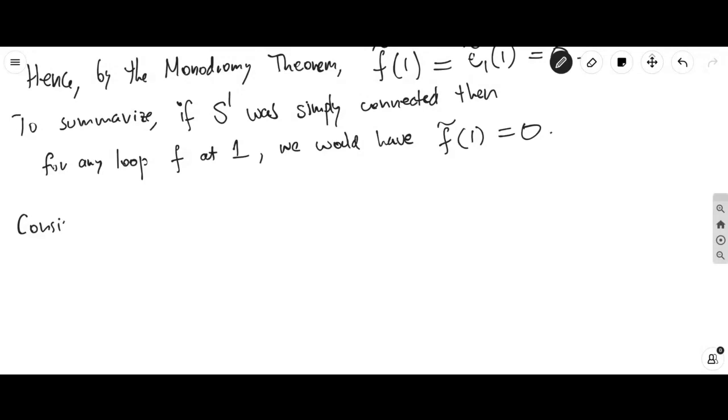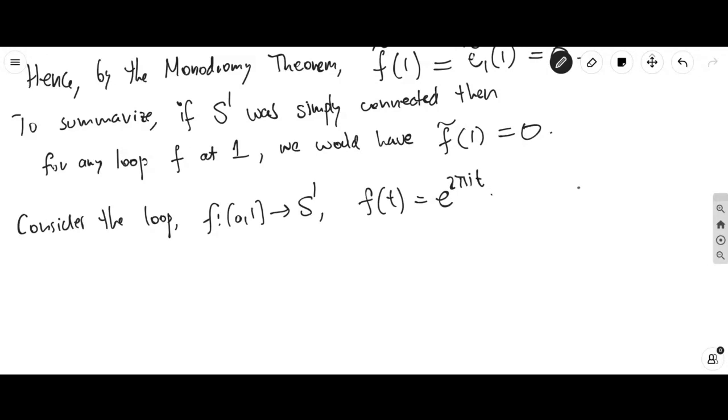So consider the loop f that's given by e to the 2 pi i t. Then the lifting of the path, this is what we saw. This is basically the exact same example from before, but before we had the punctured plane. Then the lifted path is the path 2 pi i. No, sorry about that. This is just t.